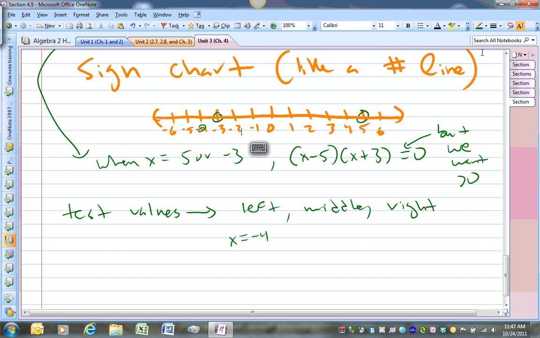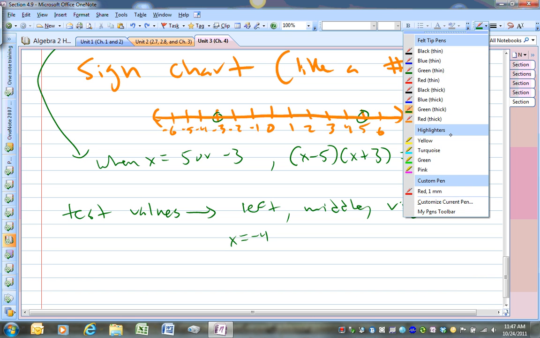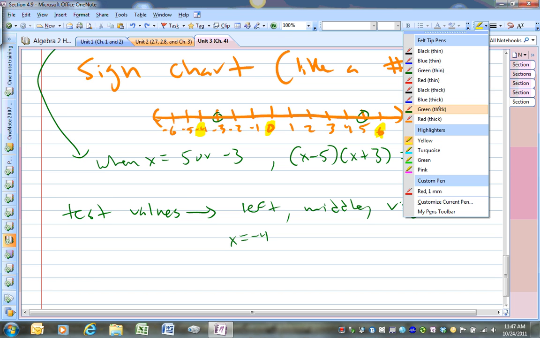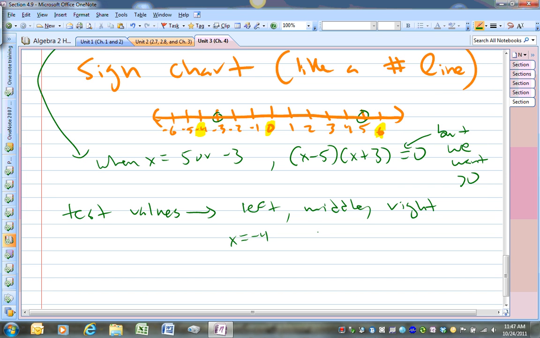Okay, I didn't want to do that. There we go. Just undo it. We'll also test x equals 0 in the middle and x equals 6. And what I mean by test is plug it back in to this right here.